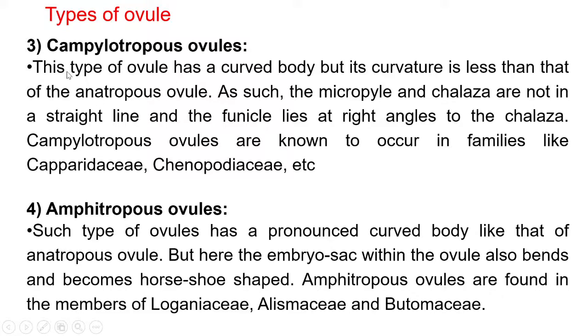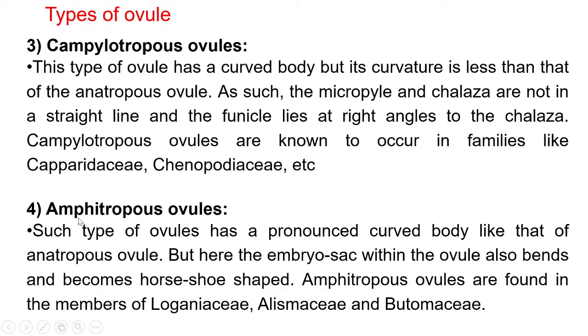Now let us see the description of different types of the ovule. Campylotropous ovule has curved body, but its curvature is less than that of anatropous ovule. As such, the micropyle and chalaza are not in a straight line and the funiculus lies at right angle to the chalaza. Campylotropous ovules are known to occur in families like Capparidaceae and Chenopodiaceae.